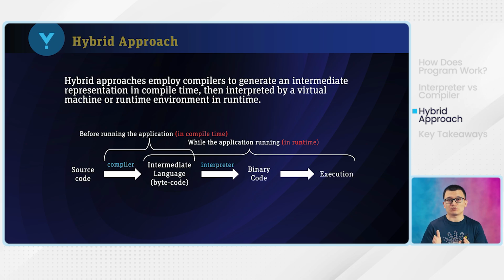So what happens when the programming language uses this hybrid approach? Well, the programming language will become fast, just like the compiled programming language. Okay, the languages that are using the hybrid approach will be as fast as compiled programming languages like C++ and C. And since this hybrid approach also involves using the interpreter, then the benefit of the interpreter is that it is going to be easy to write and easy to debug.